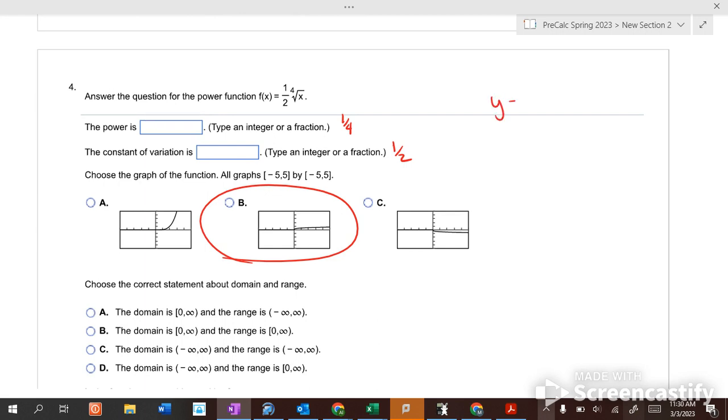That's y equals kx. So k is a constant of variation. All right. The domain of this function, it starts at 0, 0 and goes forever. So the domain is 0 to infinity because it'll keep going up just slightly. And the range goes from 0 also to infinity.